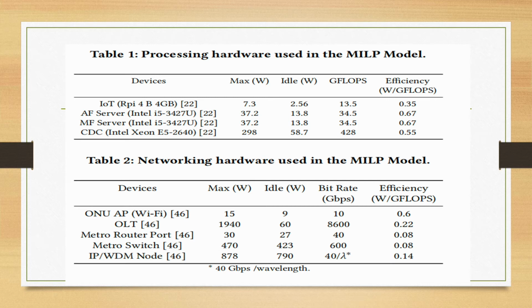It is a mixed integer linear programming model. And we have the metro switch in it, and the metro fog server, access fog server, and CDC, the data center and IoT. The first device we previously discussed in the picture is one ONU device, and the maximum width.